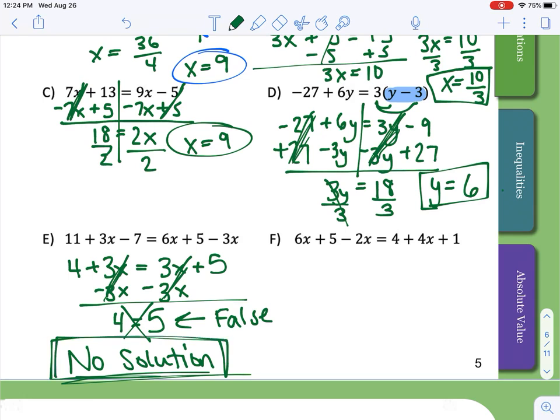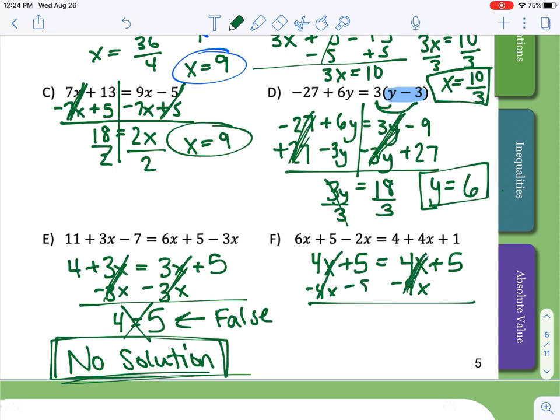On the other hand, you'll see on the next one, we get 4x plus 5 when we simplify equals 4x plus 5 after combining like terms. Notice when we move things around, we end up getting that 0 equals 0.